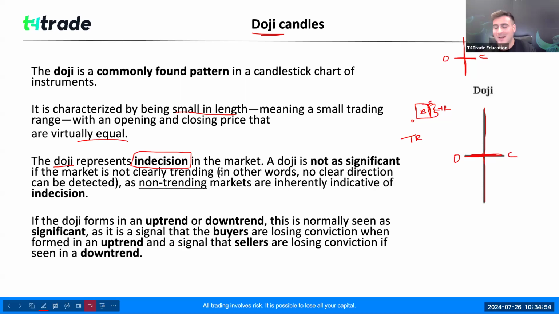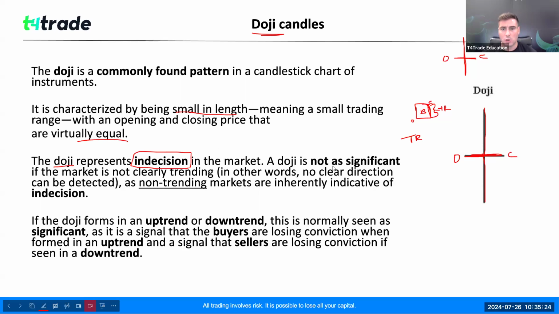Obviously, it depends upon many different factors, but looking at it individually, a big green candle followed by a doji and then a red candle signals a reversal, which is super significant to spot and learn how to spot, because it can give you an edge when capitalizing upon these candlestick formations and making money. So a doji represents indecision in the market.